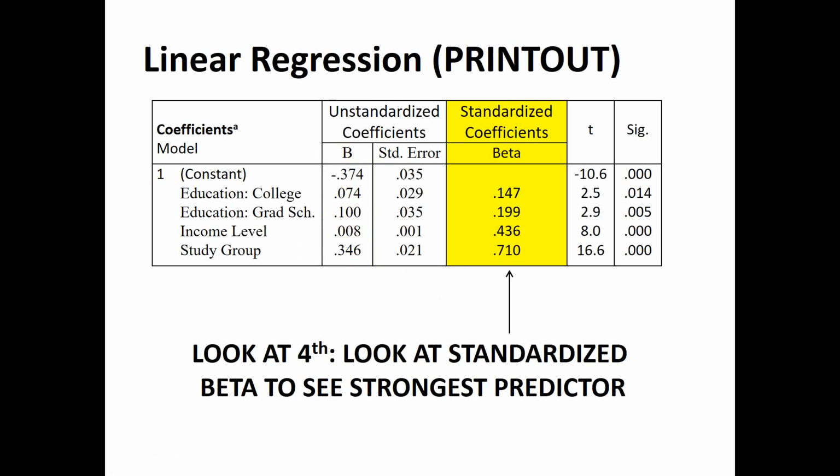The next strongest predictor is income, but it's nearly half of that, 0.436. So study group is the strongest predictor of pretest to post-test happiness change scores. So what does that tell us? It seems like our intervention is effective for this sample.